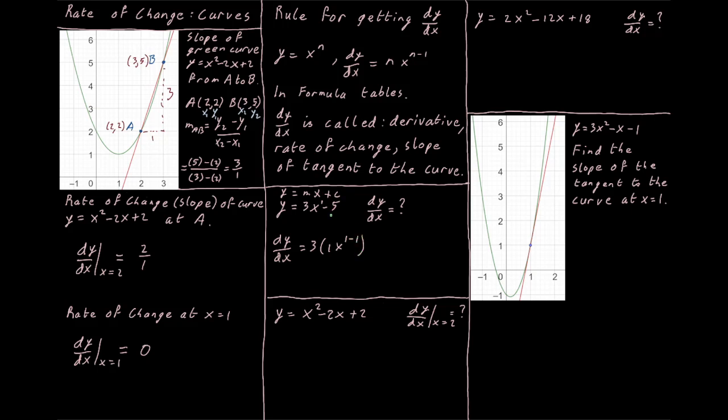Now the minus 5 just goes to 0. We can think about this for a few different reasons. We're looking for the slope, and the slope of a constant is 0. You can also think about a constant as starting out with x to the power of 0. But in general, we simply need to know that the derivative of a constant, when we're getting dy dx, anything that doesn't involve x just goes to 0.